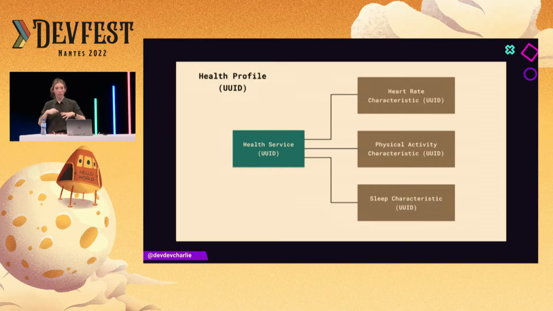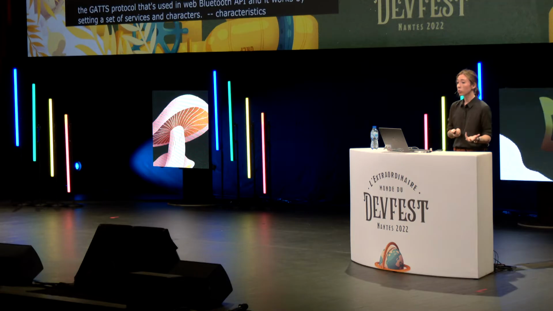If you've never played with Bluetooth before, I want to start by explaining a little about the system, especially the GATT protocol that is used in the Web Bluetooth API. It works by setting a set of services and characteristics. Take the example of a health service, like a heart monitor or a Fitbit or anything that connects via Bluetooth.